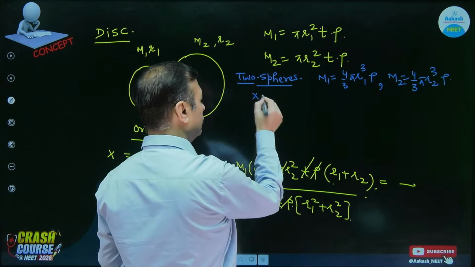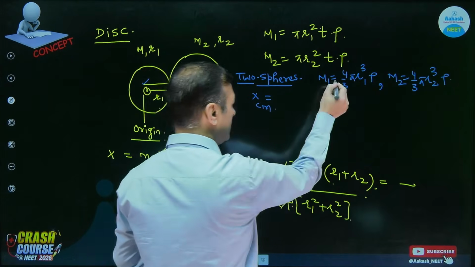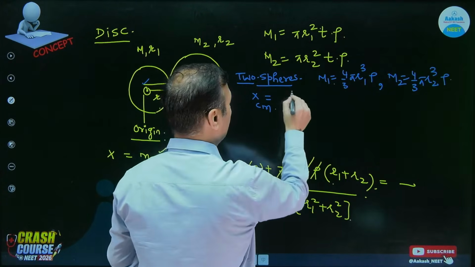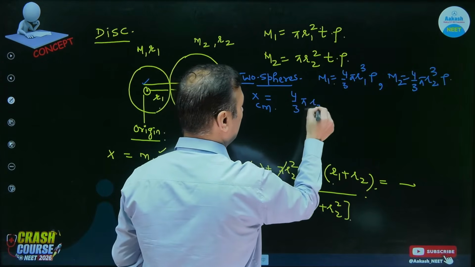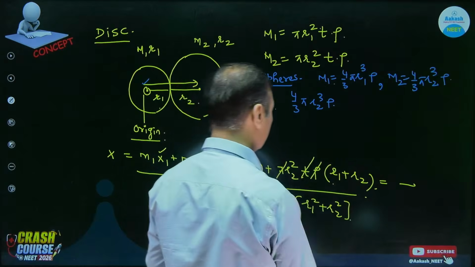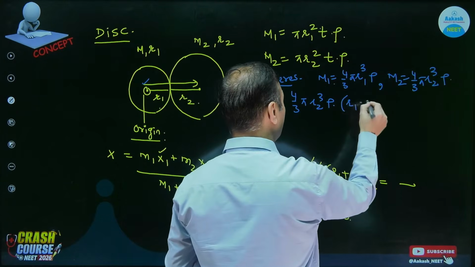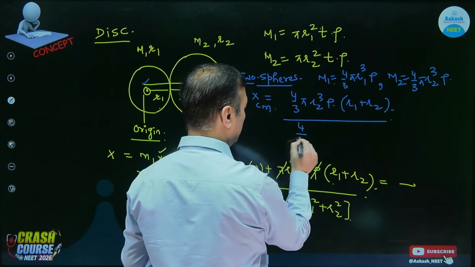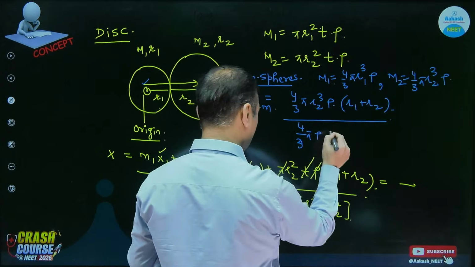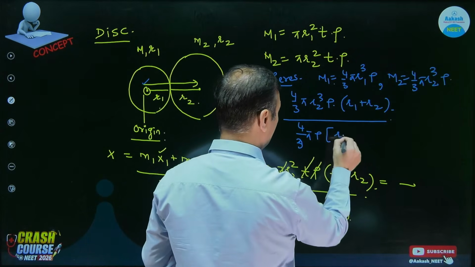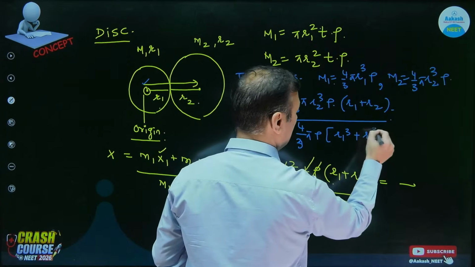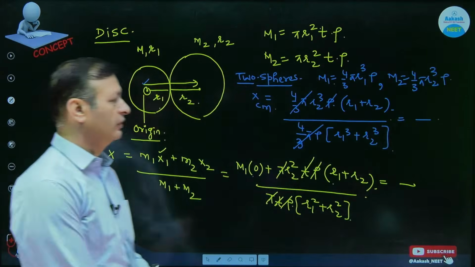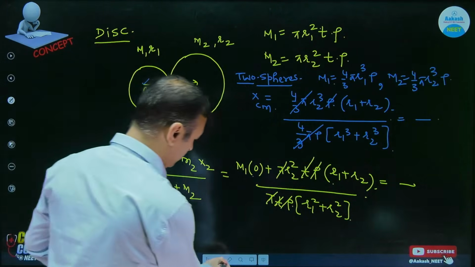So for the x coordinate of the center of mass, the m1 part goes with 0, and what you are left with is m2, 4 by 3 pi r2 cube into rho, times its x coordinate. We put 4 by 3 pi rho common, divided by r1 cube plus r2 cube. This common feature cancels out, and what you are left with is the x coordinate of the center of mass for this one.